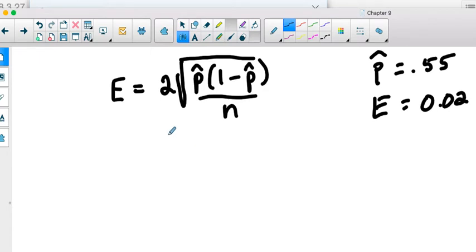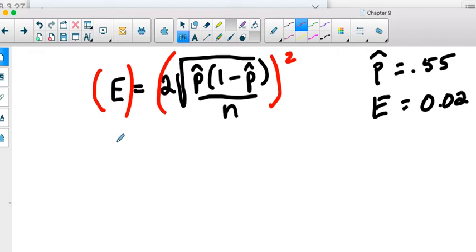And so what they show is that to find the appropriate n for this particular poll, you want to work backwards using this formula. So the way that I would do it is I would start by, I want to solve for n. And so the big problem, of course, is let's get rid of that square root sign.